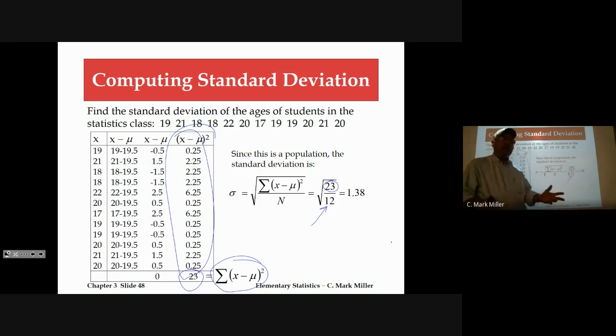But since I'm doing the whole class, I'm treating the class as a population in this case. You've got to know from the context of the problem whether it's a population or a sample. By the way, anything involving surveys is a sample. And so my population standard deviation is 1.38.